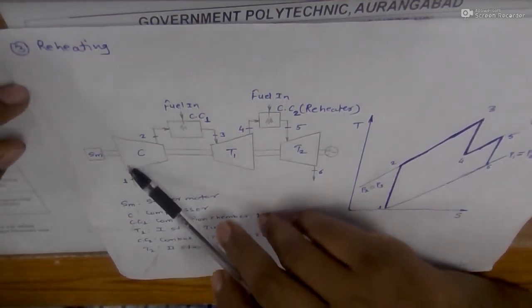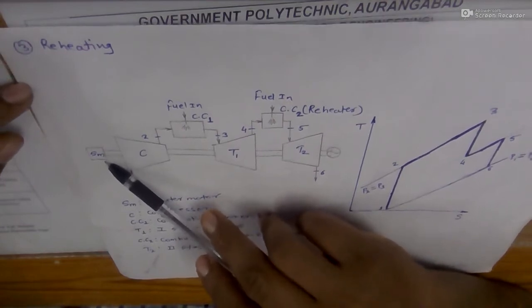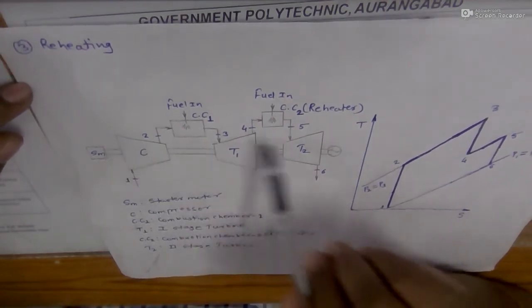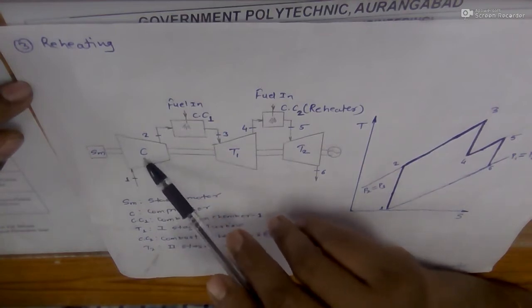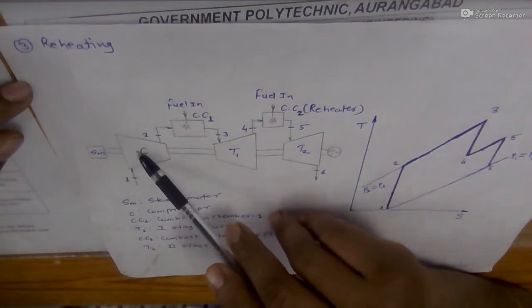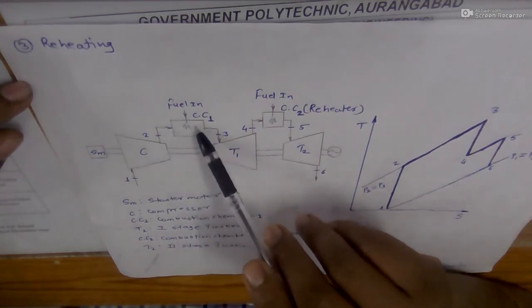Very initially the starter motor takes a charge, and it is responsible for starting the entire system. The starter motor initially rotates the compressor, through which air is sucked in, compressed, and sent to the combustion chamber.